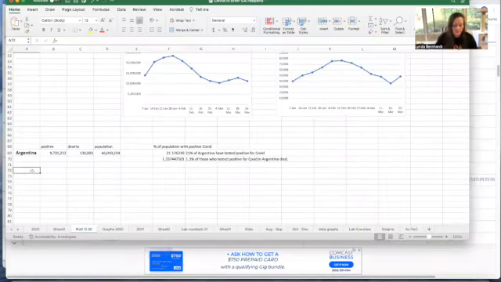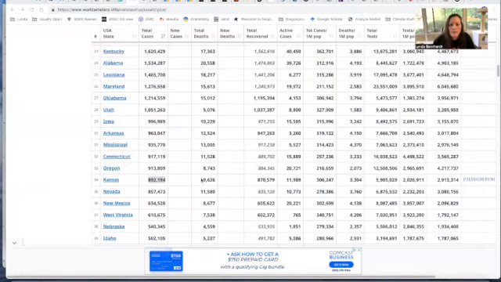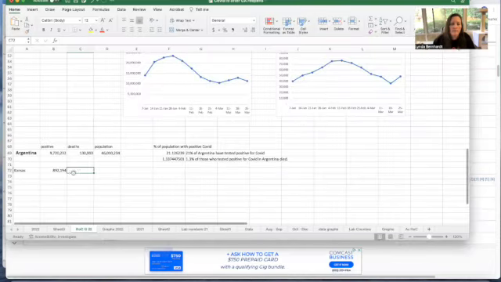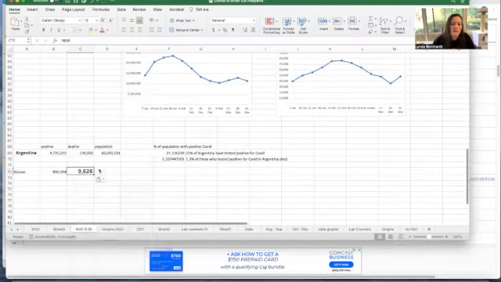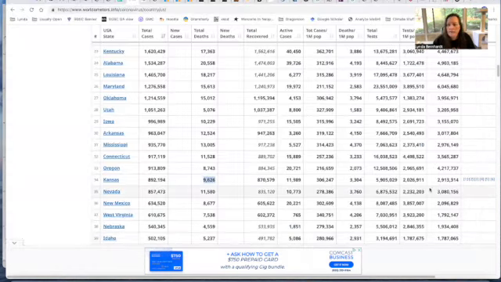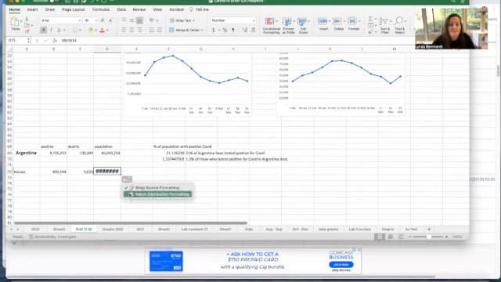Oops, hit the wrong hotkey, so we will just go back to that. That's their population. This is how many have died. And then the population of Kansas. I have no idea why I picked Kansas. I have no idea what to expect from this.